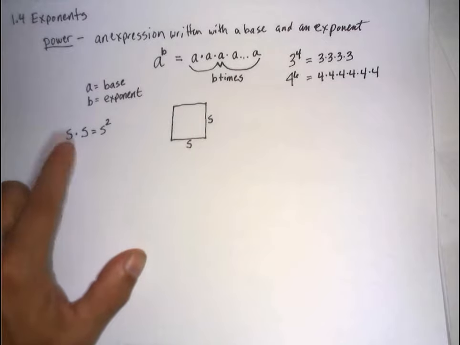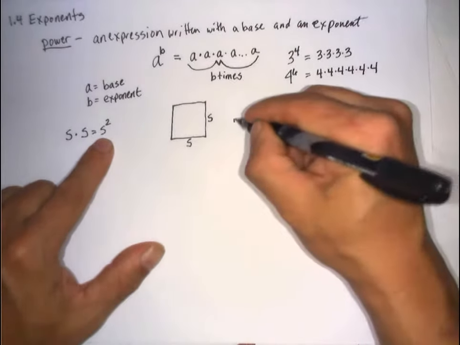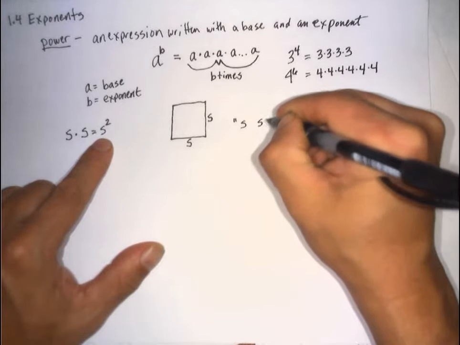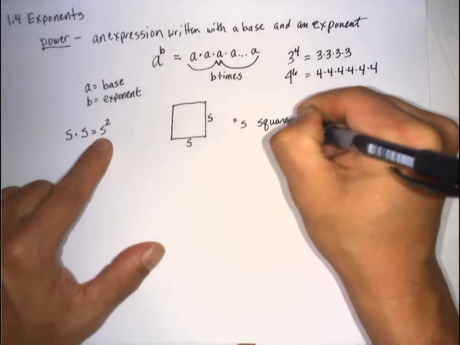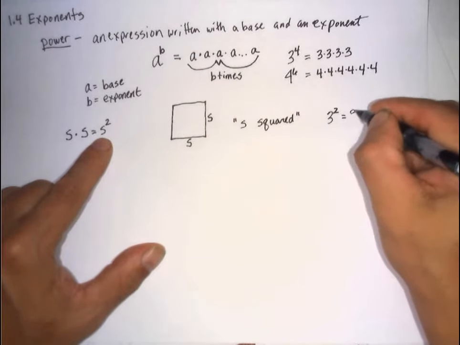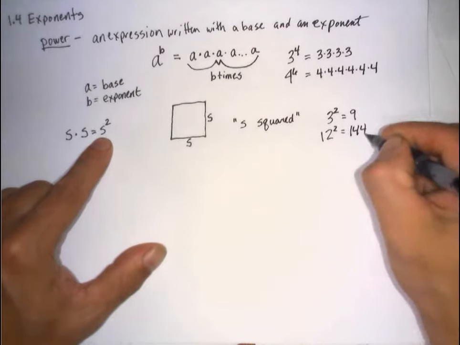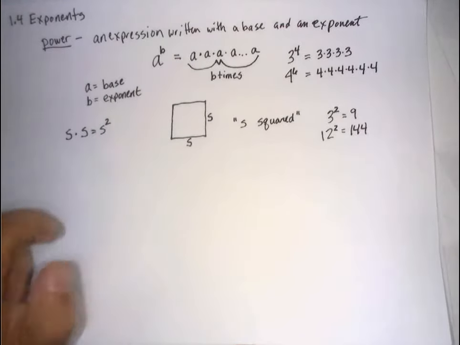A side times a side is s to the 2nd power, but we read this as s squared. Or we could say 3 squared is 9. 12 squared is 144. 12 times 12 is 144.